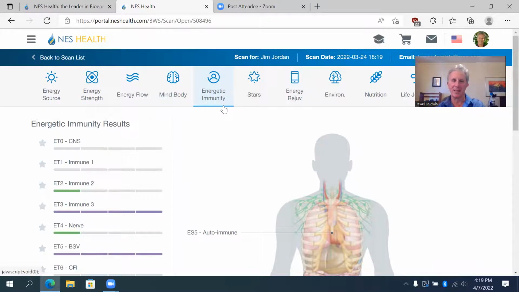Basically, what I want to say is that the NES system is an incredible system, not just for identifying where to start working on your health issues, or if you're healthy already, where to put energy so you can maximize your health, optimize your health, prevent problems from developing.